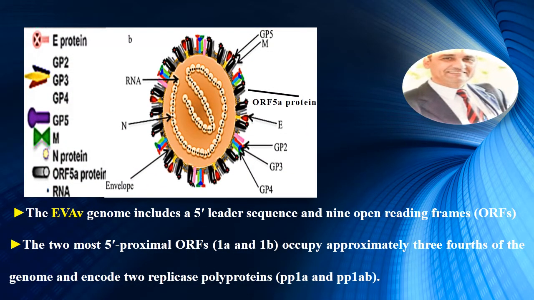The equine viral arteritis virus genome includes a 5' leader sequence and 9 open reading frames, ORFs. The two most 5' proximal ORFs, 1a and 1b, occupy approximately 3/4 of the genome and encode 2 replicase proteins, pp1a and pp1ab.